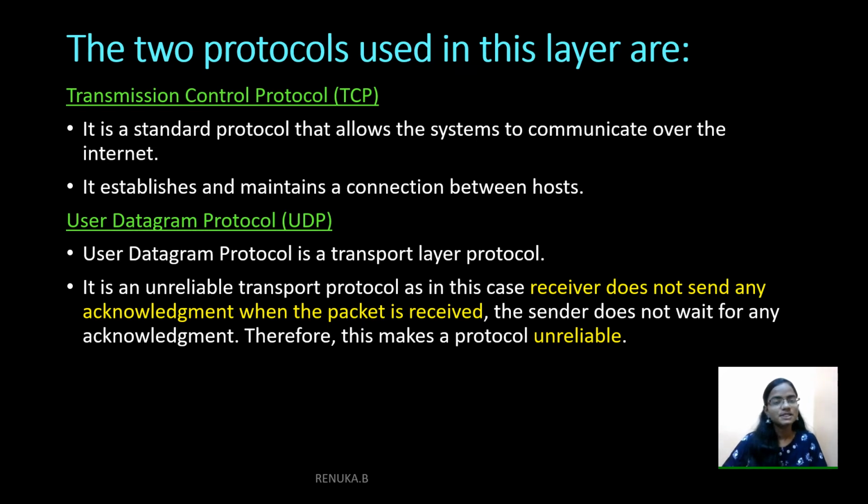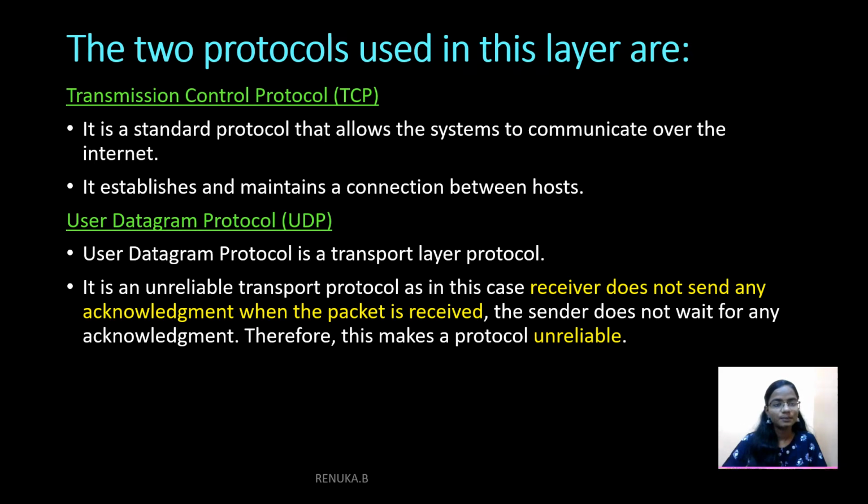It establishes and maintains a connection between the hosts. When data is sent over a TCP connection, the TCP protocol divides the data into smaller units known as segments. Each segment travels over the internet using multiple routes. They arrive in different orders at the destination. The Transmission Control Protocol will reorder the packets in the correct order at the receiving end.